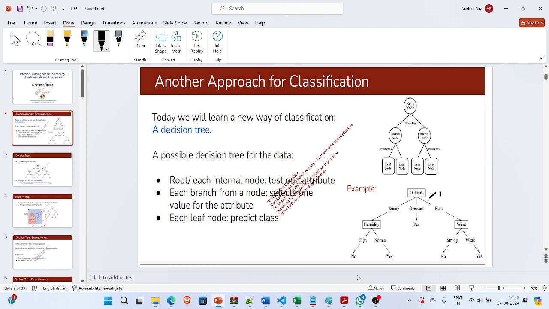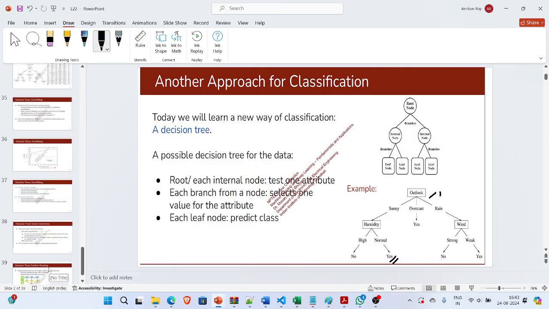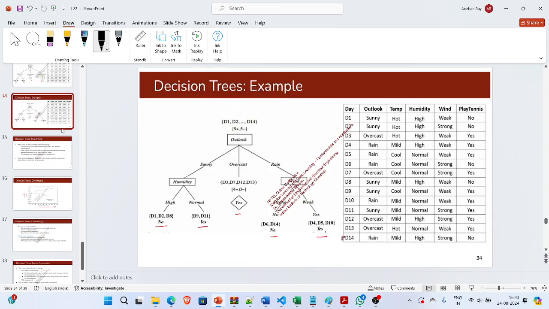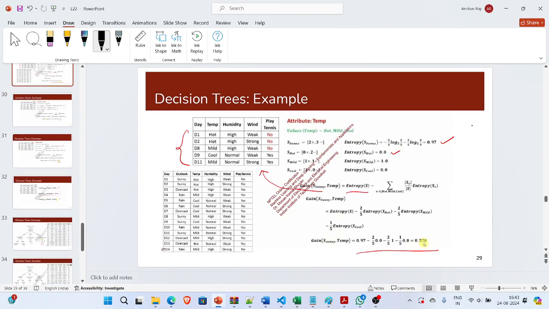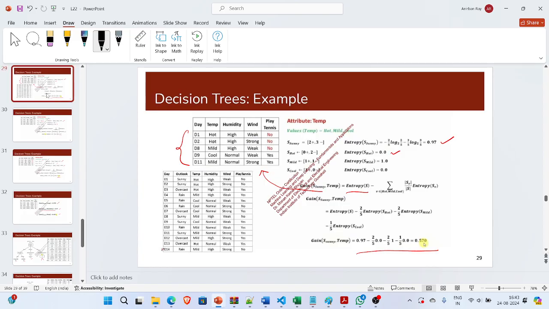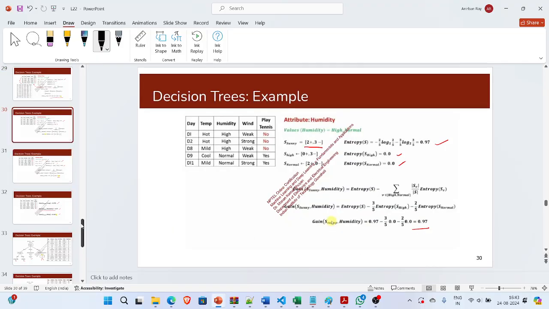So we keep doing this until we get to the classification that is yes or no. This is the play tennis or not. This is the part we're trying to classify. Do we need to play tennis given the situation, or do we not play tennis? But the situation, as you see, is much more complicated than previously.